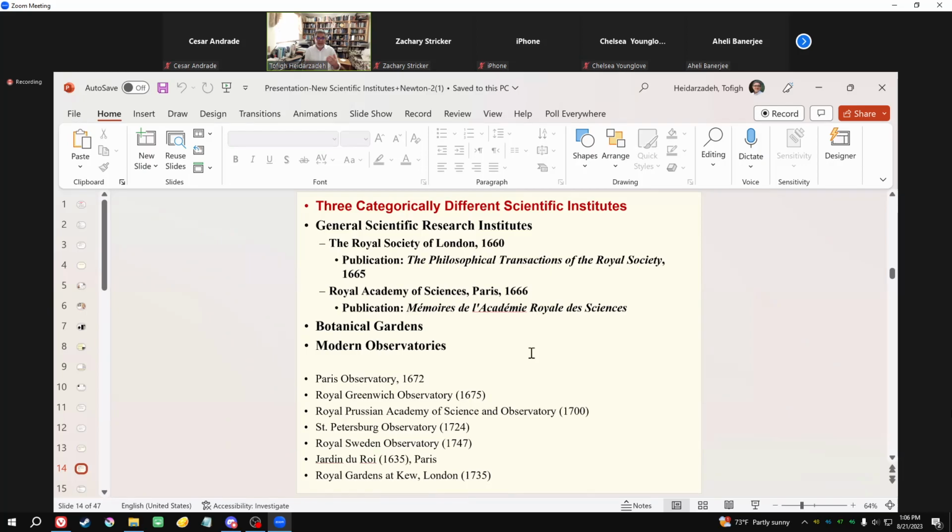And this makes the difference that we see right now in the development of science and technology in different parts of the world. Which one was the most successful?